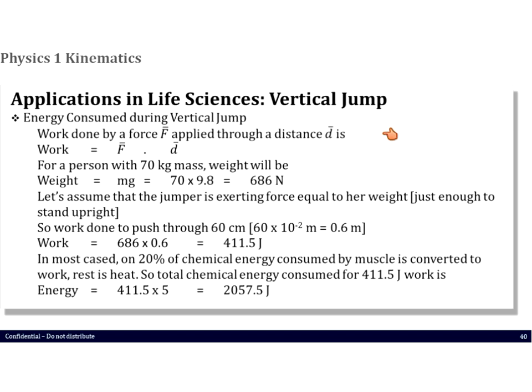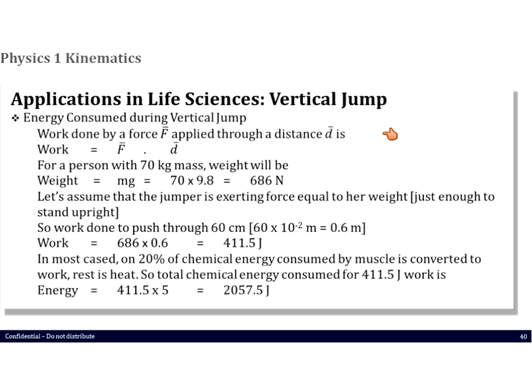So after all that discussion, what we'll find out is for a person with 70 kilogram mass, the weight will be 686 Newton. Making an exception here for the sake of accuracy, I'm using g is equal to 9.8. And the work done is 411.5 joules. You have not learned what is work. Work is basically force multiplied by a dot product with the d, the displacement along which the motion happened.